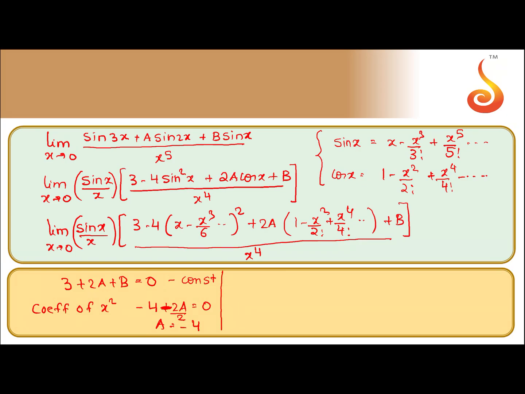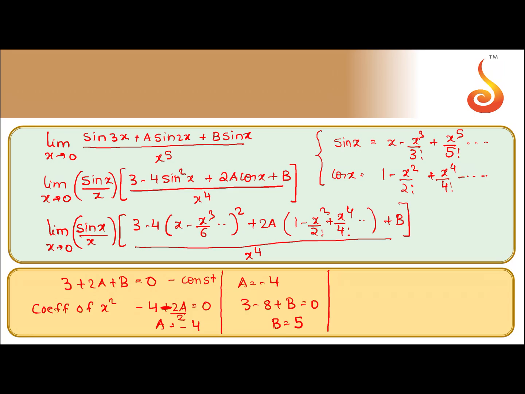Next, once we know a equal to minus 4, we substitute in the given equation 3 minus 8 plus b equal to 0. We get b is equal to 5. A equal to minus 4 and b equal to 5. Now we collect the coefficient of x to the power 4.